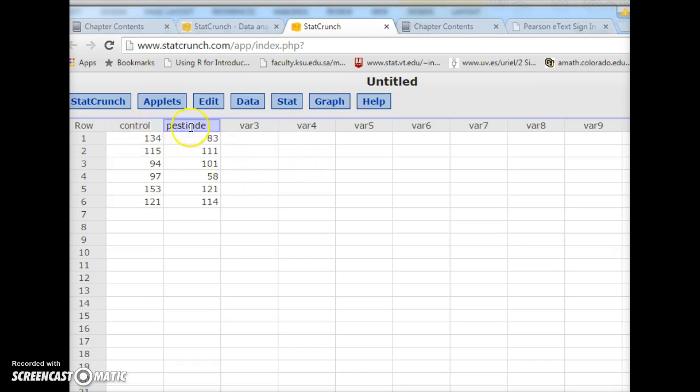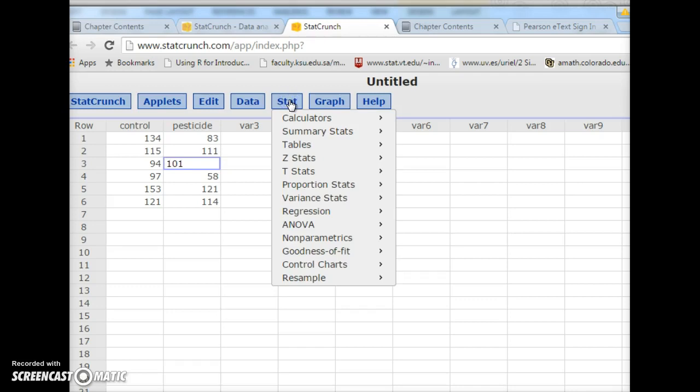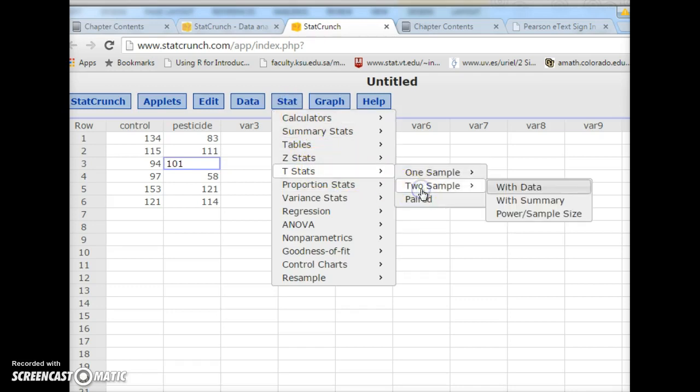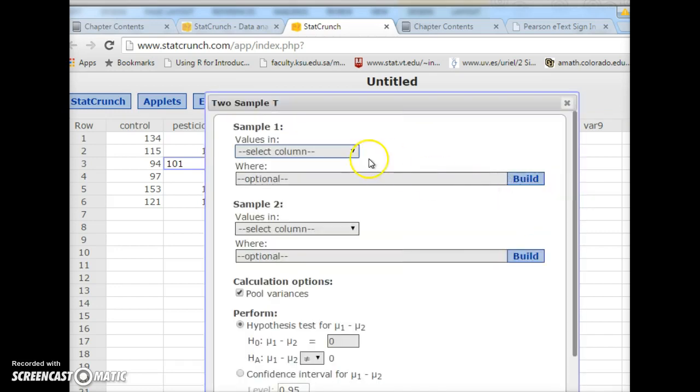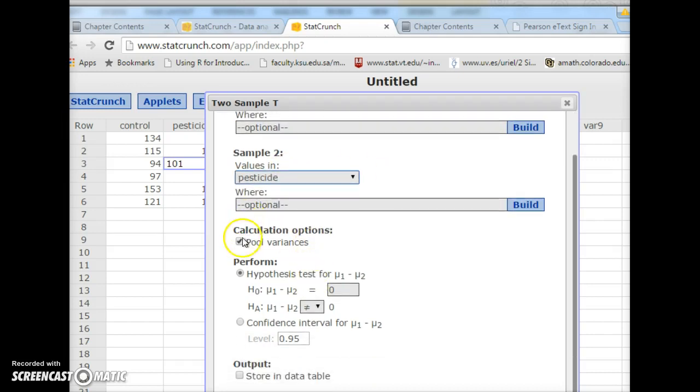Now we go to Stat, then again T-Stat, two sample, and with data this time. We select the column for sample 1, the control, and sample 2, pesticide. And again, uncheck pool variance.